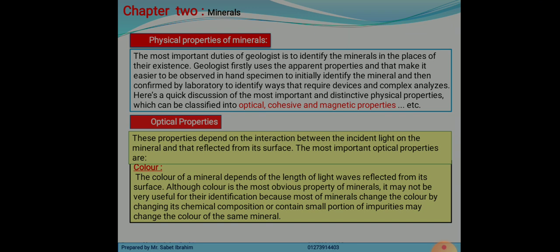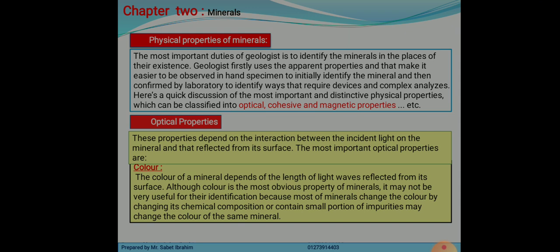Although color is the most obvious property of minerals, it may not be very useful for identification, because most minerals change color with their chemical composition, or contain small portions of impurities that change the color of the same mineral.